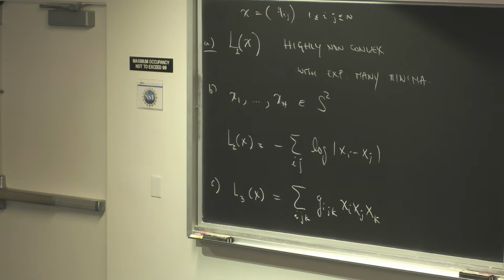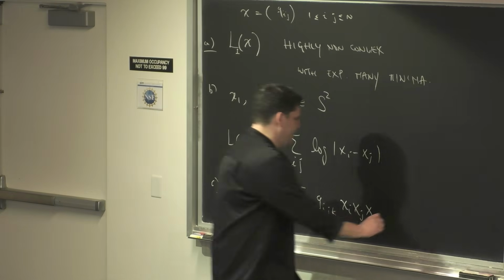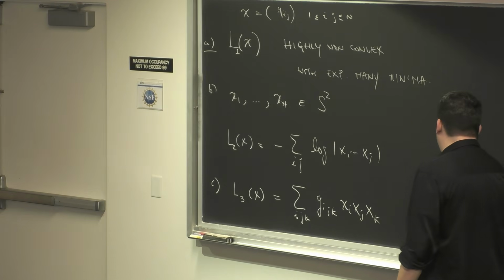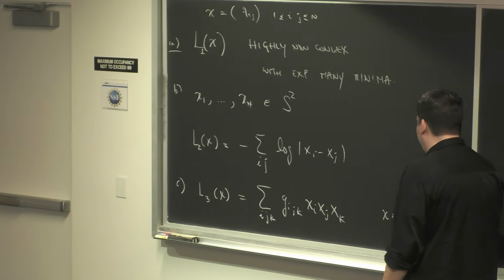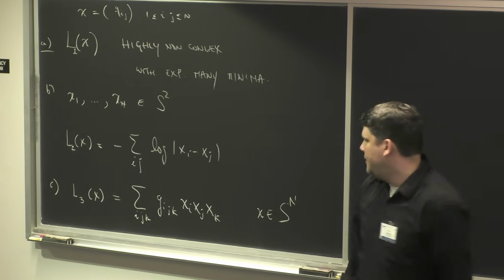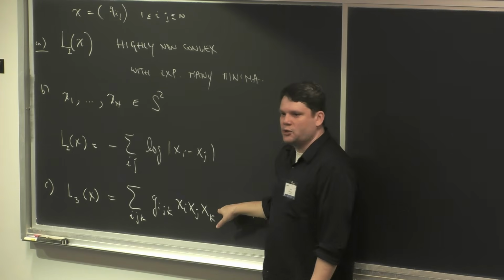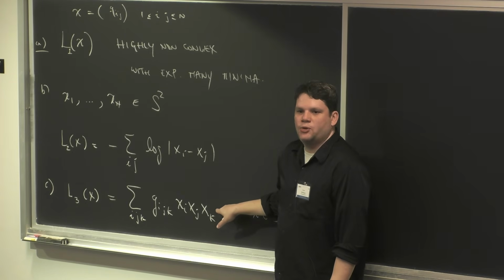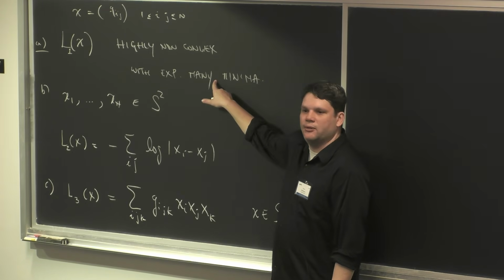This is a homogeneous polynomial, degree 3. My point x here would be high dimension, so this is now on the sphere in dimension n. I claim for this function, almost surely you have exponentially many local minima.